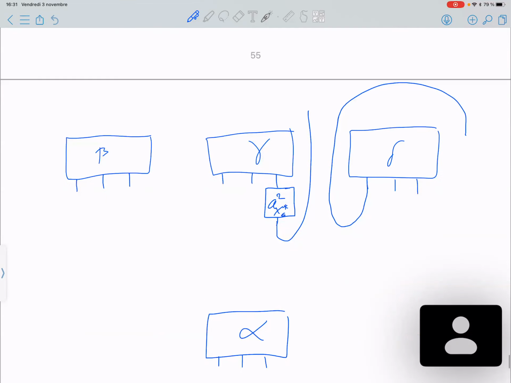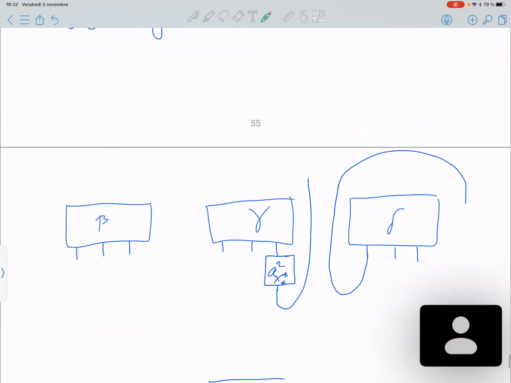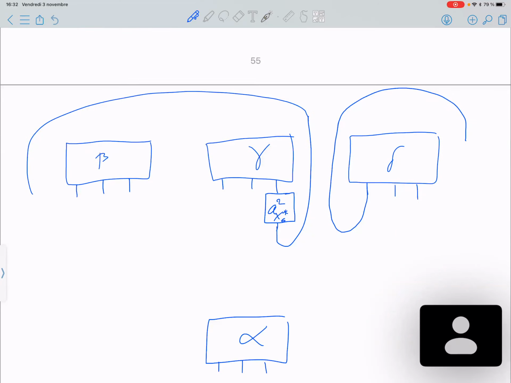Okay. So sorry about this technical problem. We can come back. So we have a co-evaluation map also here. So evaluation map here.